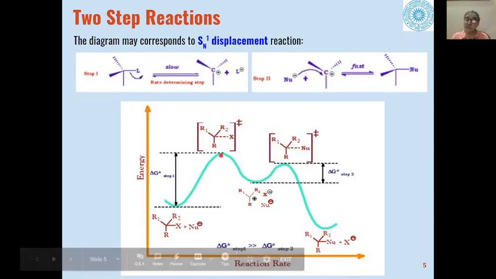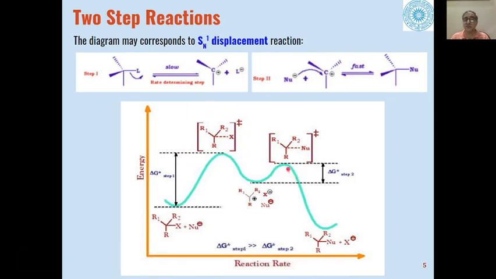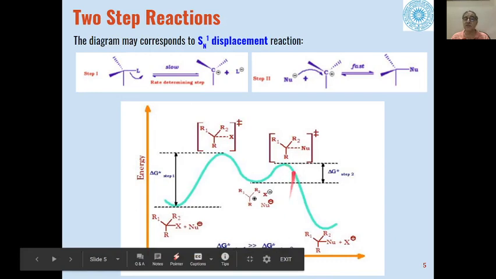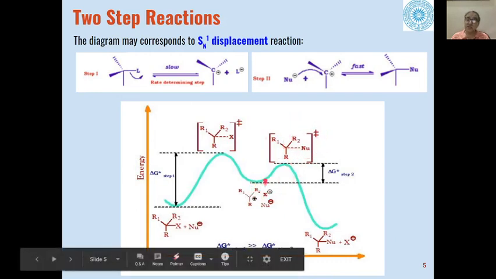And you can see this is the first step of the reaction where the first transition state is formed. This is the second step of the reaction where the second transition state is formed, and these are where the energy of the system becomes lower. Then this is the first intermediate which is formed during the first step of the reaction.